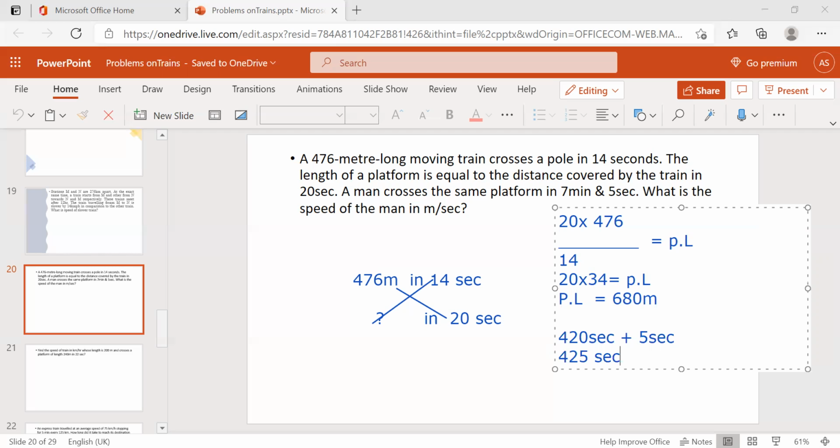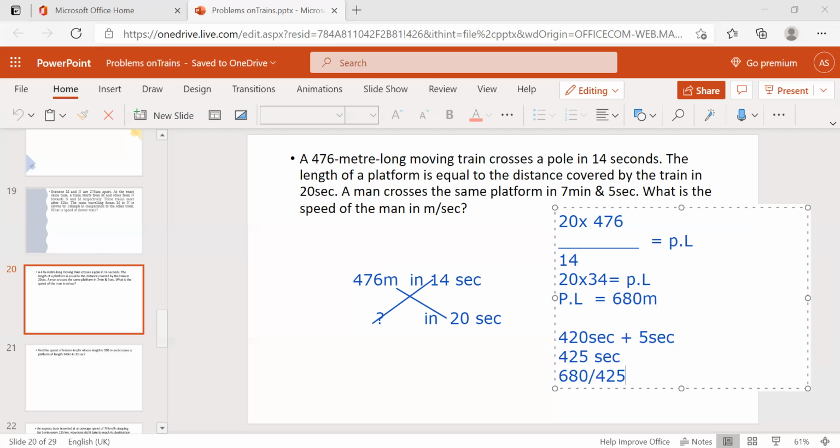How much distance is it? 680 meters. Now we know the formula: distance by time will give the speed. So 680 divided by 425.